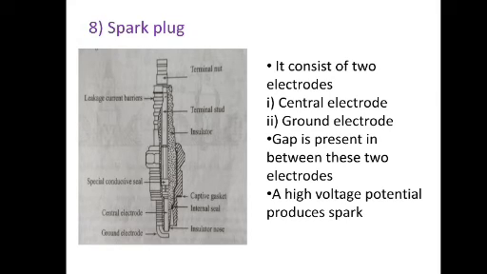Now, please see the figure. In the spark plug, there is a central electrode to which the high tension supply from the ignition coil is connected. The other electrode is welded to the steel shell of the plug. Now, this is the spark plug.